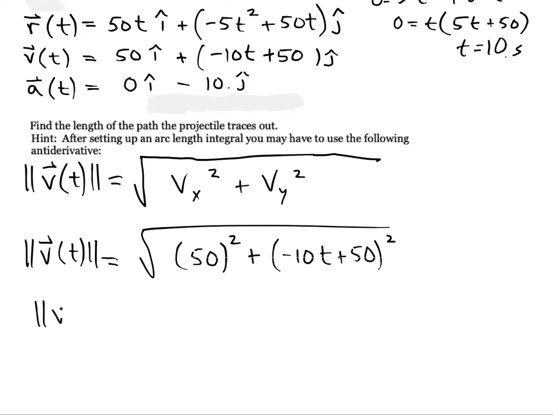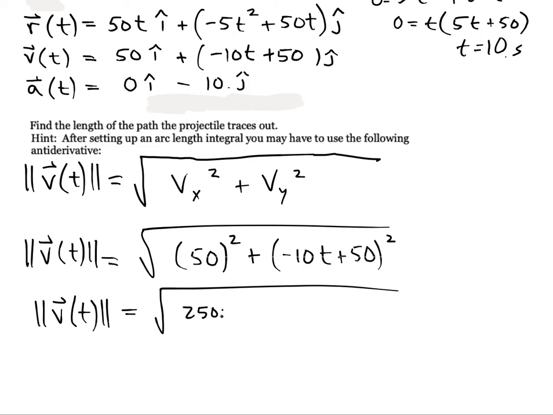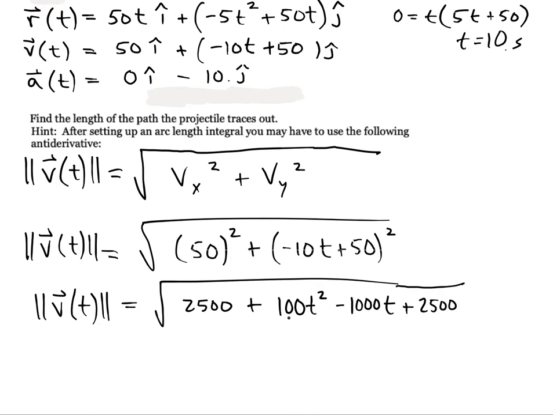Now you could try to simplify that. 2500 plus, well, it'll be 100t squared minus 1000t plus 2500.